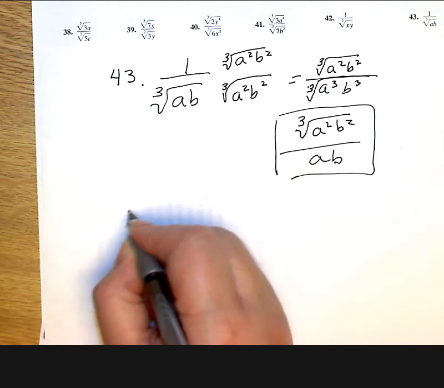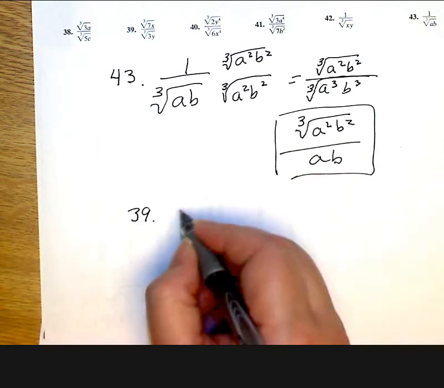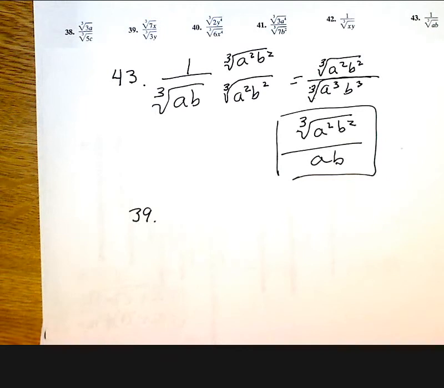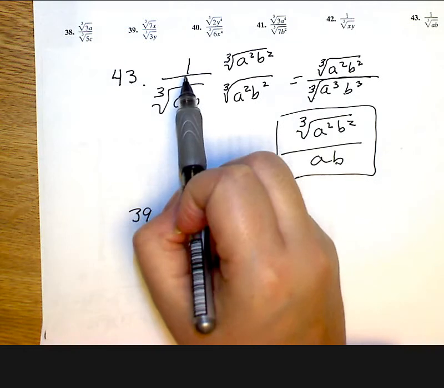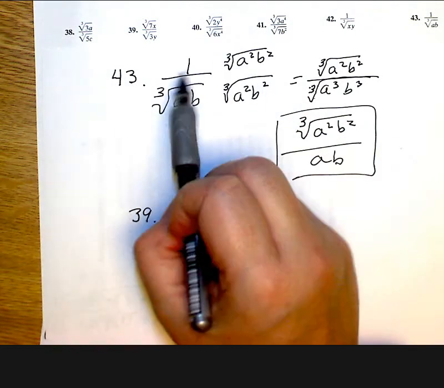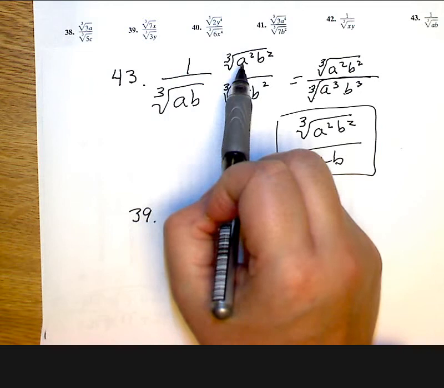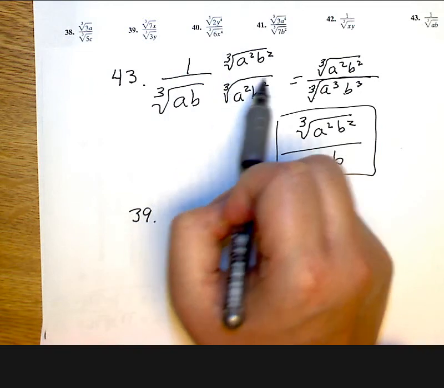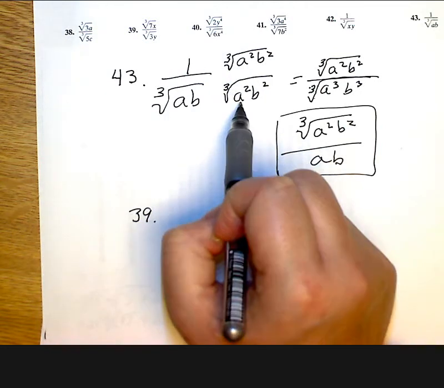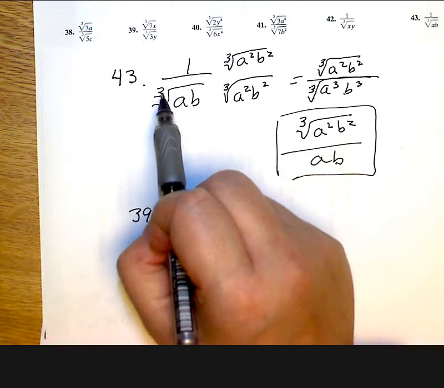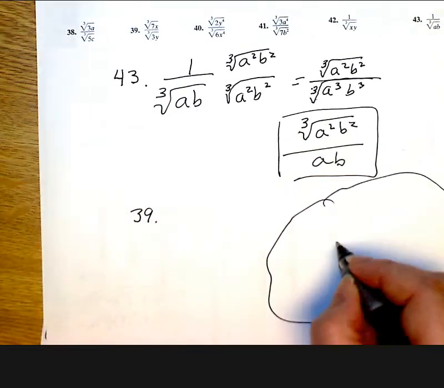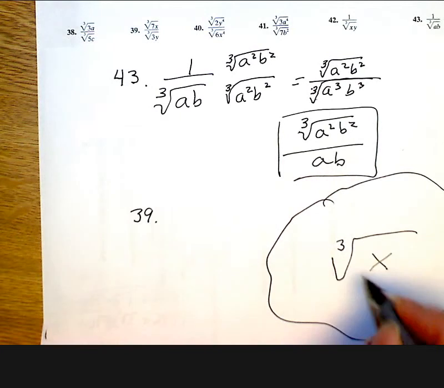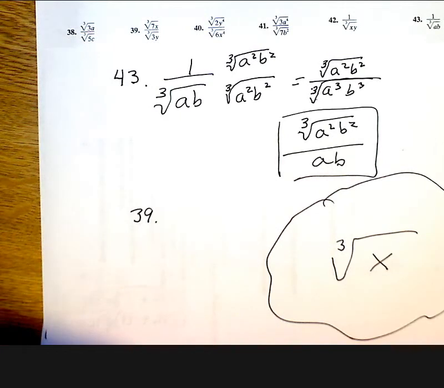All right, try 39. Number 43, how do you get a squared, b squared? Do you want to know why I chose a squared, b squared? Yeah. Do you see how if we had the cube root of x, we can't take anything out, right?